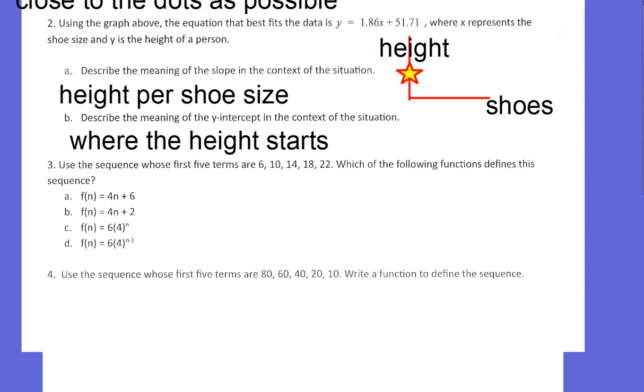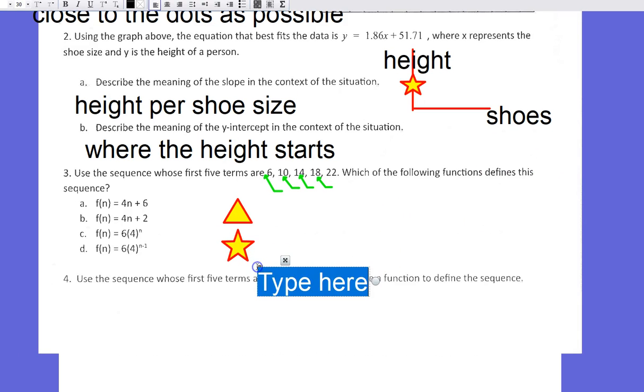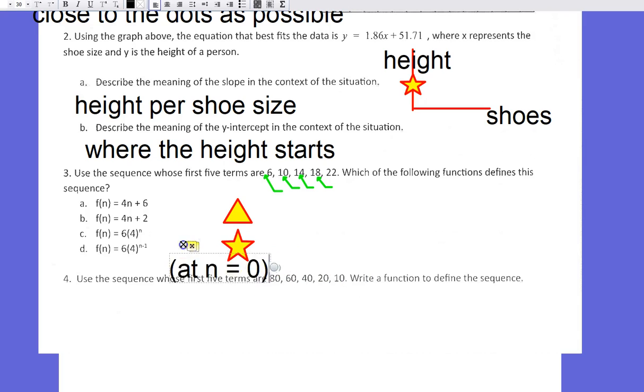Okay, next question. This is a sequence that goes 6, 10, 14, 18, 22. And then I need, just like in the equation of a line, I need to know 2 things. How much do these numbers change by, and where do they start? Incidentally, they start at 0, not where n is equal to 1. So this is where n is equal to 0, this starts.